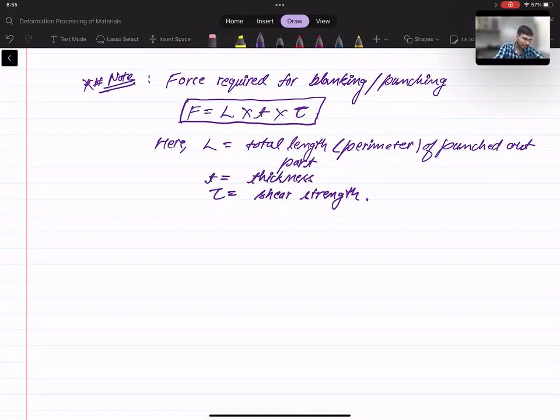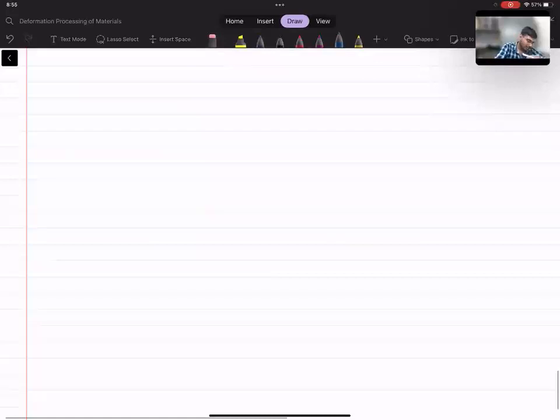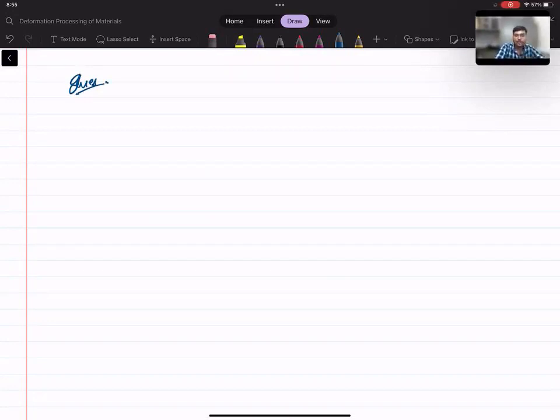In the question, suppose we are given the dimensions of the punched out part. Suppose a square section was punched out.